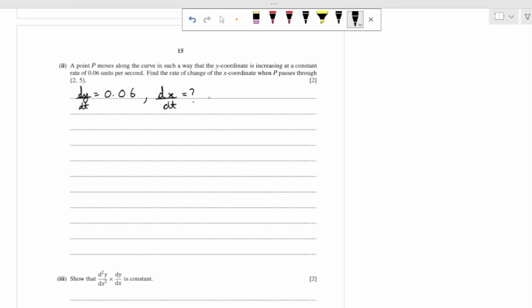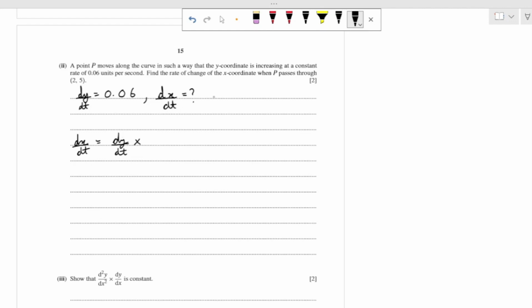So now we need to find some way to relate both of these. We can use the chain rule of differentiation here, and write that dx over dt will be equal to dy over dt multiplied by something so that we get dx over dt. Clearly dt must remain where it is, and we need to cancel out dy one way or another.